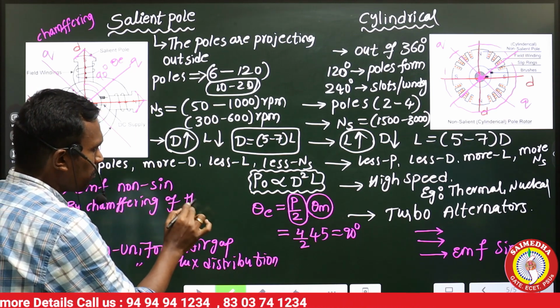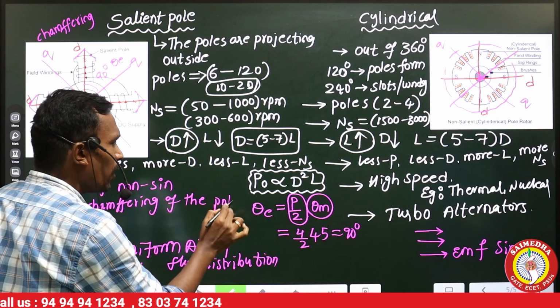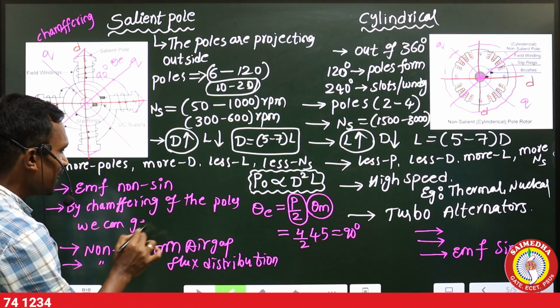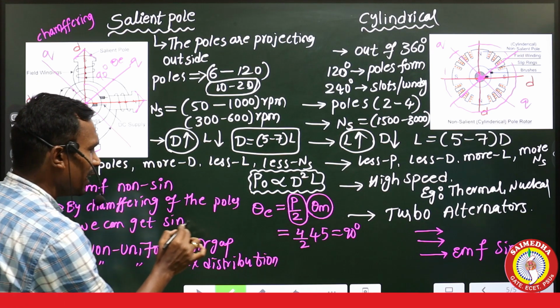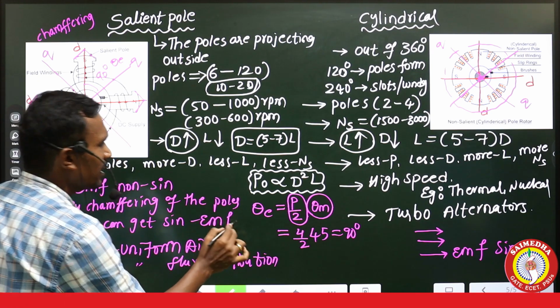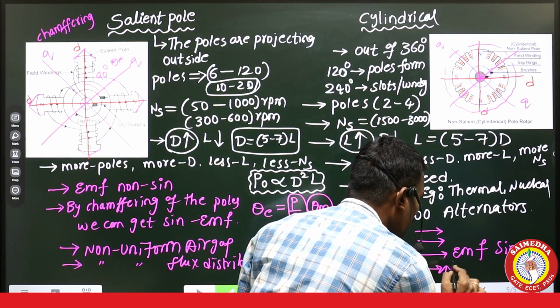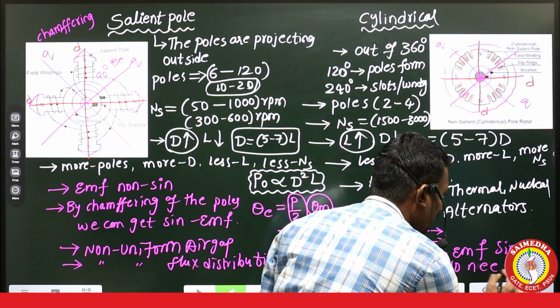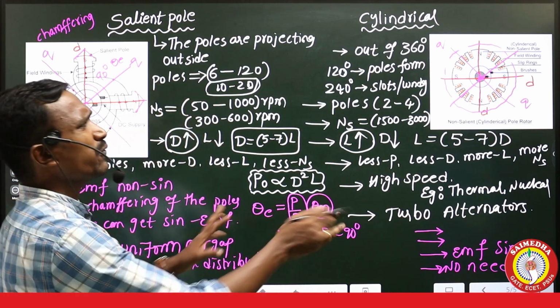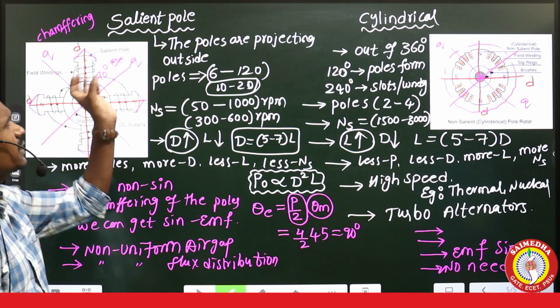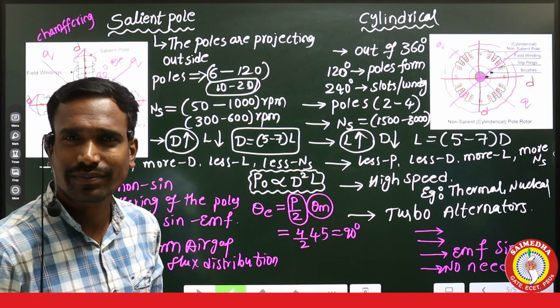By chamfering of the poles, we can get sinusoidal EMF in our salient pole machine also. But here, no need of chamfering. What is the use of chamfering here? No need. Simply no need of chamfering in our cylindrical machine. But we need chamfering in our salient pole synchronous machine.